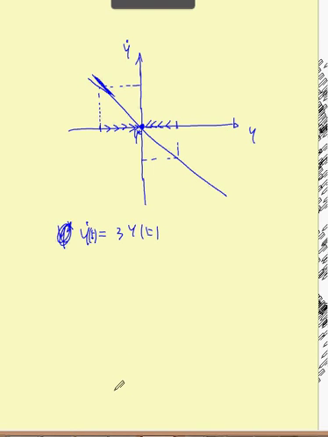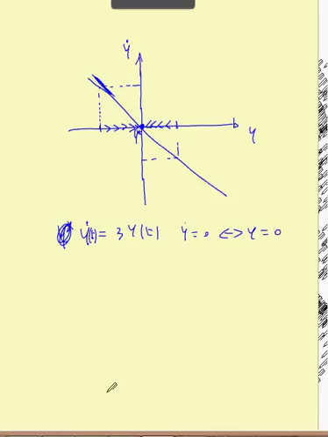If we consider the differential equation, it is a straight line, but it's an increasing straight line because the coefficient is positive. In this case, y star is an equilibrium solution. But you can see that this is unstable.